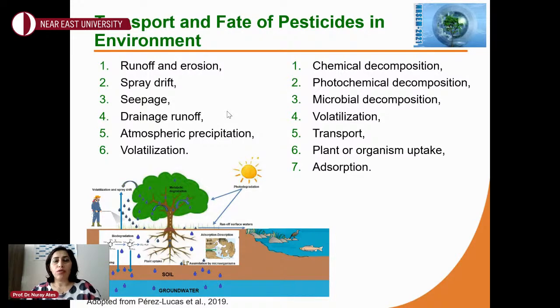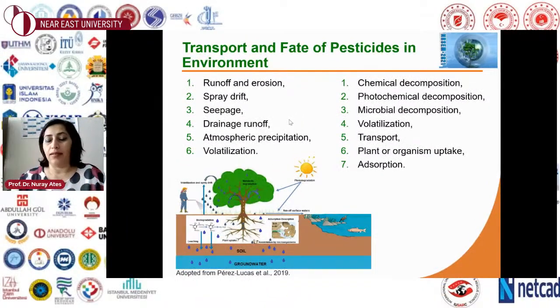The most loss can be seen as volatilization of the pesticides, and pesticides can be transported to surface waters by runoff or to groundwater by seepage. Plants or other organisms can take up some of the pesticides and accumulate them in their bodies. Pesticides can also undergo adsorption by soil or organic matter in the ground.